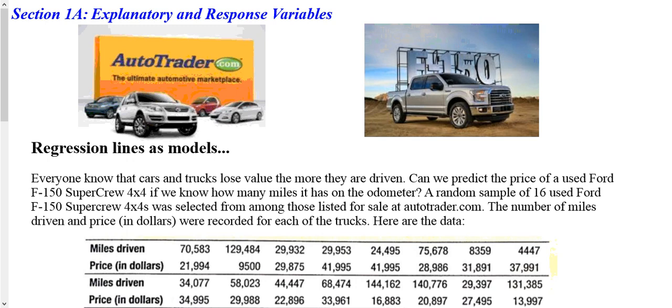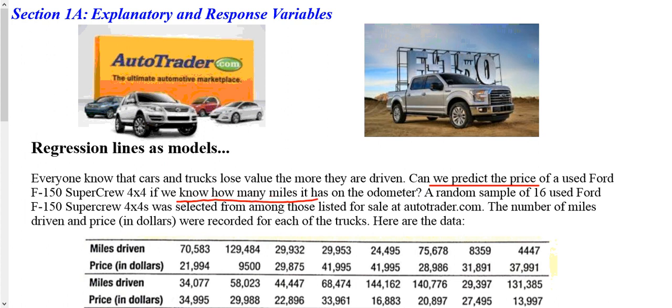So let's go to an example here. It talks about, we know that cars and trucks lose value the more they are driven. Can we predict the price of a used Ford F-150 if we know how many miles it has on the odometer? Now, the way they state that is very important. Can we predict the price if we know how many miles it has on the odometer?